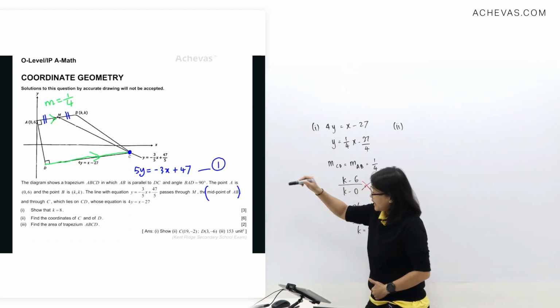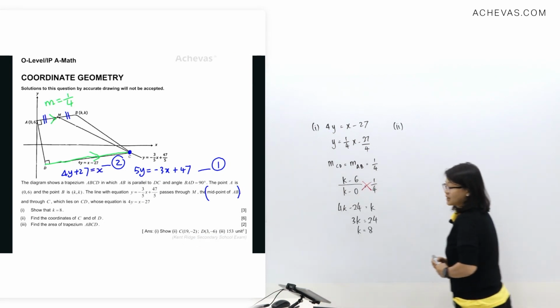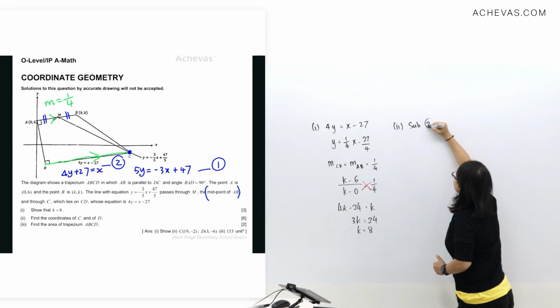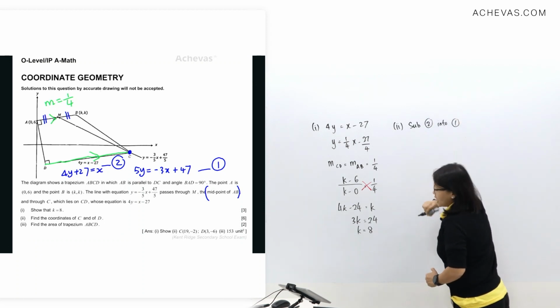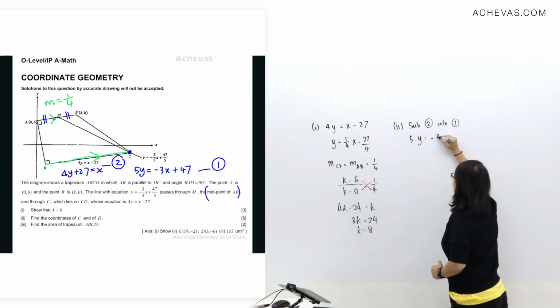Let's take a look. I have also the other line, which is the green color arrow that we have drawn just now. I'm going to use that equation too, and maybe I'll rearrange also as 4y plus 27 equals x. So right now, I'm going to substitute 2 into 1 to find a point of intersection, which is point C. So now I have 5y equals negative 3.